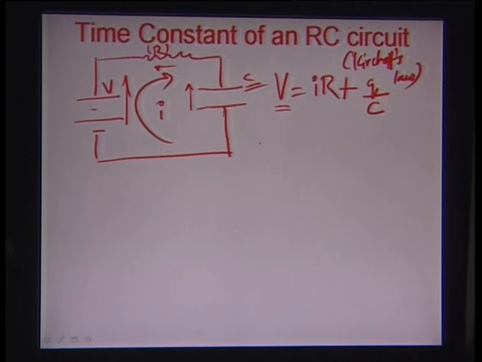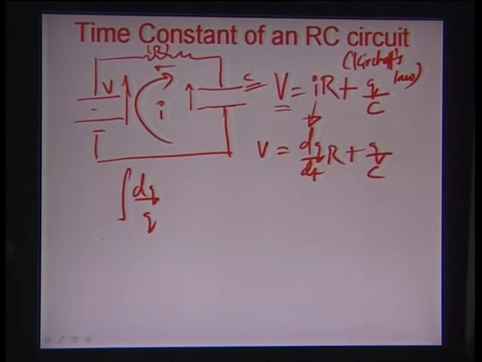So V is again written as dq by dt times R plus q by C. Current, as we know, is the rate of flow of charge, dq by dt. If we rearrange this equation, we are left with dq by q. We can assume that q varies between 0 charge in the capacitance at the very outset to a full grown charge of, let's say, small q.